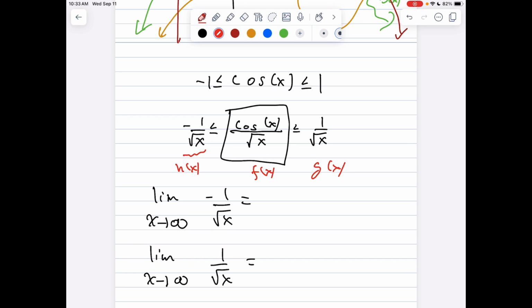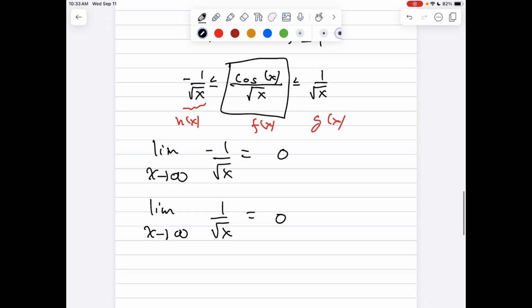We take our limit as x goes to infinity, and both of these functions go to 0. 1 over root x gets really small as x gets arbitrarily large, because 1 divided by something really big is nothing. One pizza divided among 1 billion people, not much. The same goes for -1 over root x: 0 on both.